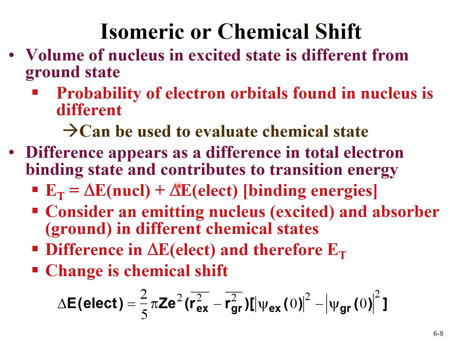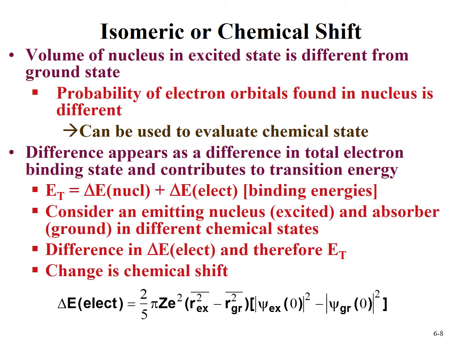And this change in the binding energy component can be worked out as a function of the excited and the ground state wave functions. This change is defined as the chemical shift.